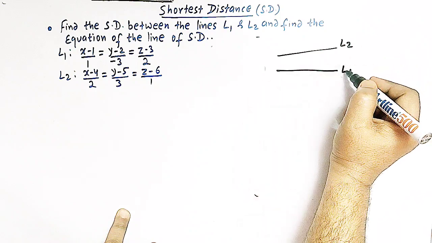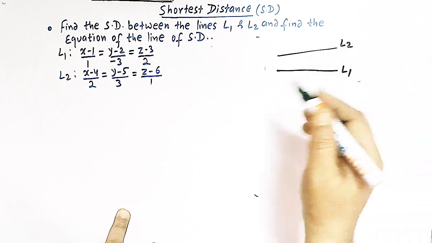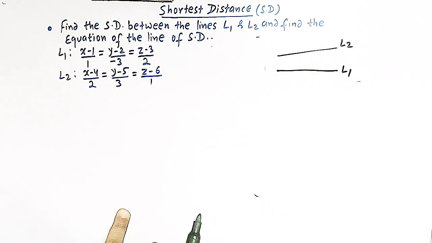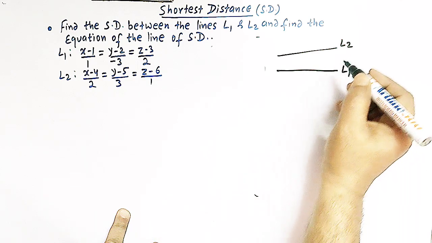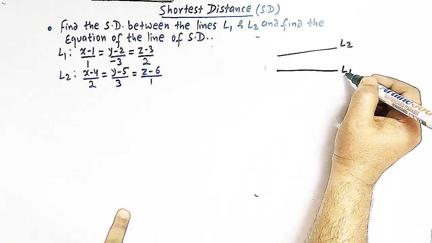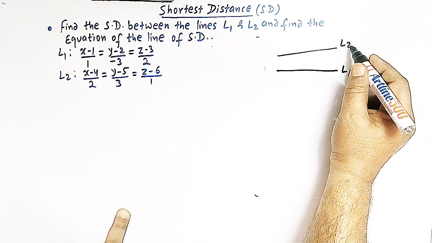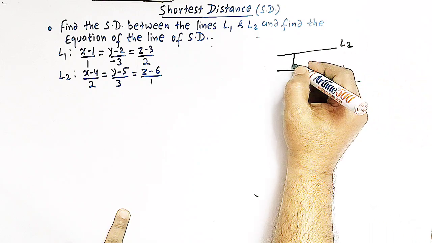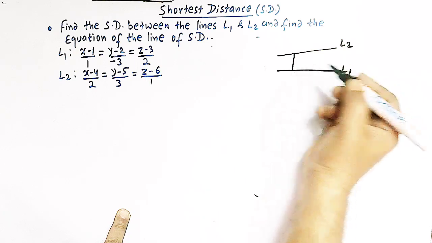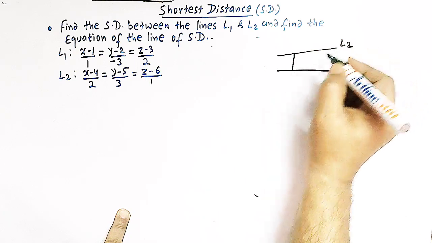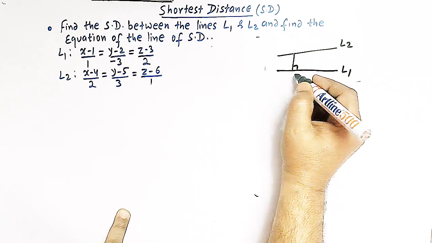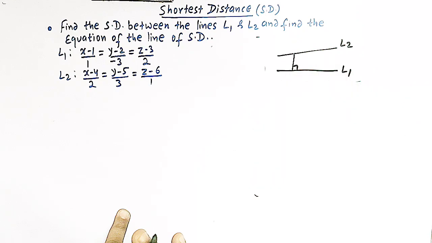If these two lines lie on different planes, then they are said to be non-coplanar lines or skew lines. The shortest distance between these two lines L1 and L2 is given by the line segment which is perpendicular to both L1 and L2. And remember, this shortest distance is unique.